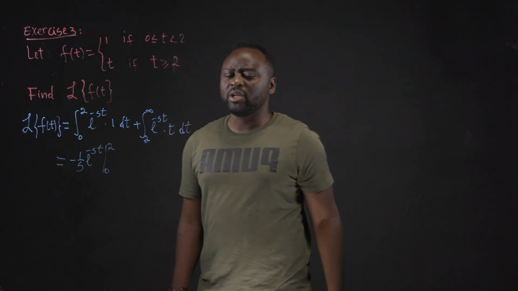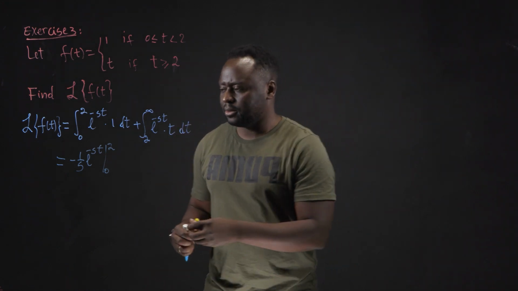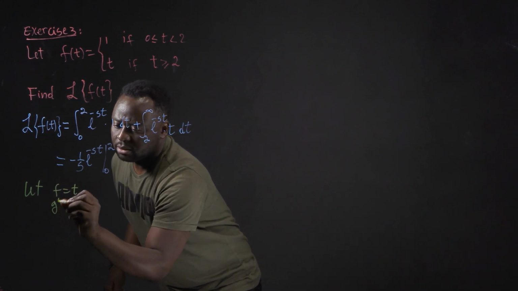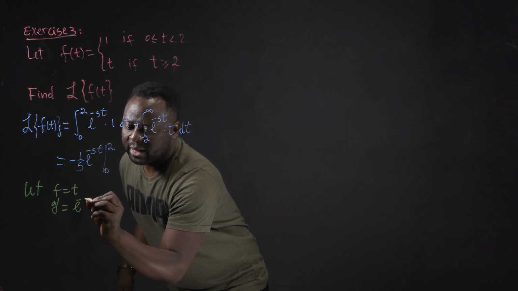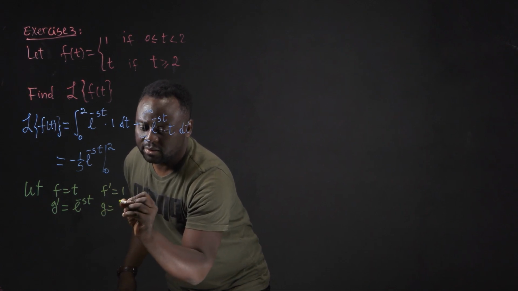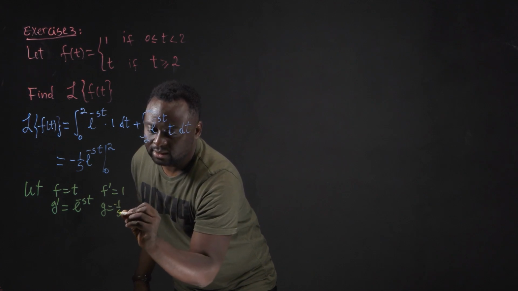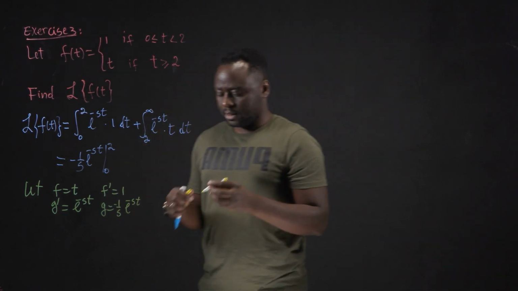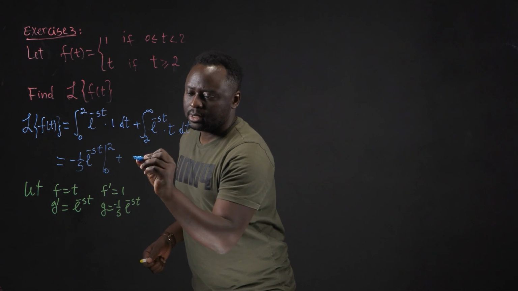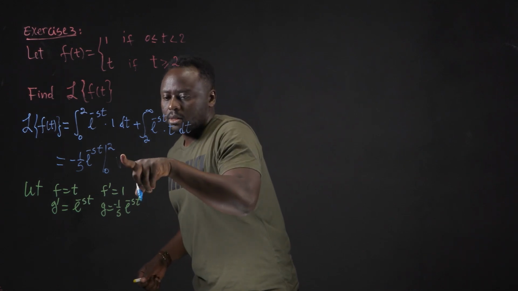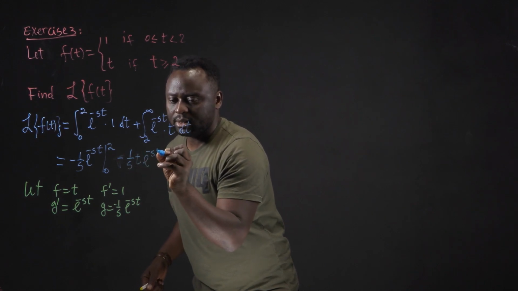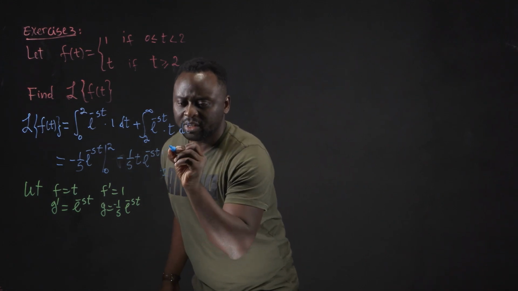And for the second part, we have to do the integration by parts. So for the integration by parts, let f be t and g prime be equal to e to the power minus st. Then the derivative f prime is 1 and g, the antiderivative, is minus 1 over s e to the power minus st. All right, if we apply it here, the first term is minus 1 over s times t e to the power minus st, taken from 2 to infinity.